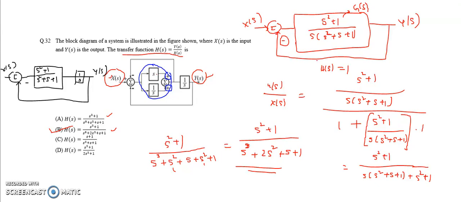So both these two blocks can be reduced to simply s plus 1 by s. Later on, the simplified s plus 1 by s is having one negative feedback in here. So unity negative feedback here.